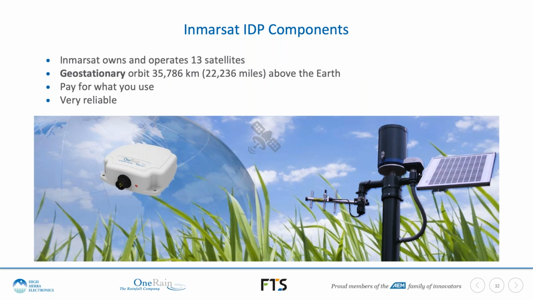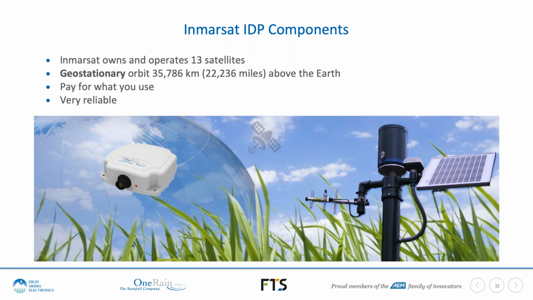So the other satellite solution that we can provide at AEM is Inmarsat, or otherwise known as Orbcomm. And we've done a number of sites. I've got some pictures up here in just a moment. It is geostationary, so it's not the low orbiting. It's up 22,000+ miles from the Earth, and so it's actually rotating with the Earth, which if you lock in your beam when you install it and it locks in, you're not going to miss a transmission.